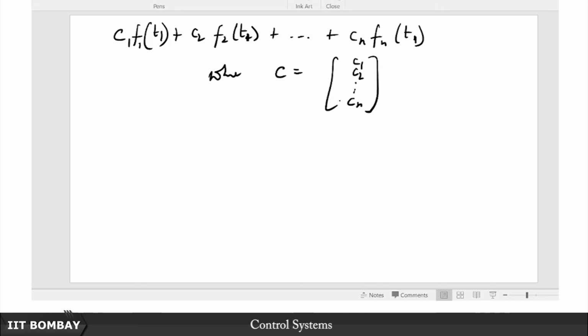In other words, what I am saying is that this is equal to my initial condition. So this is going to be my x1 0, x2 0 dot dot dot till xn 0.